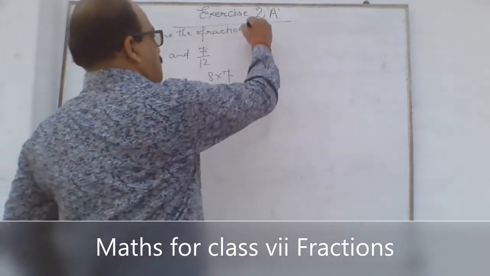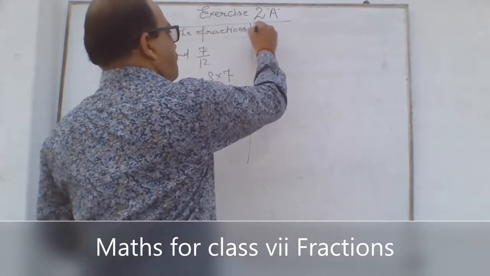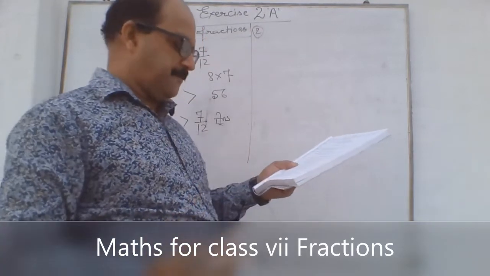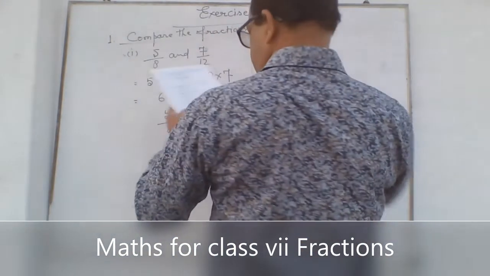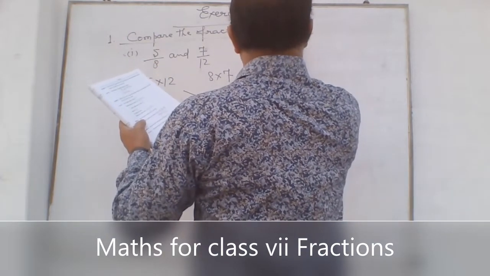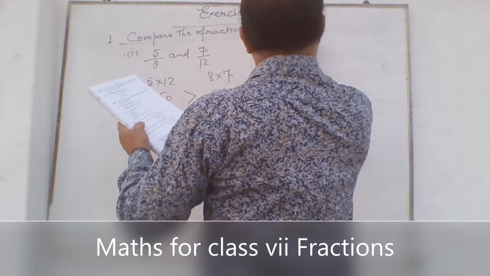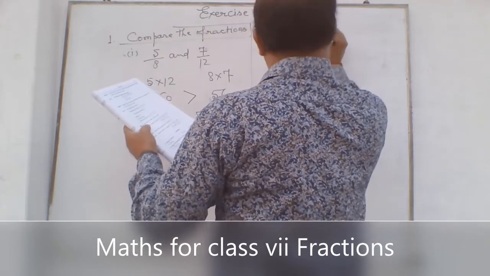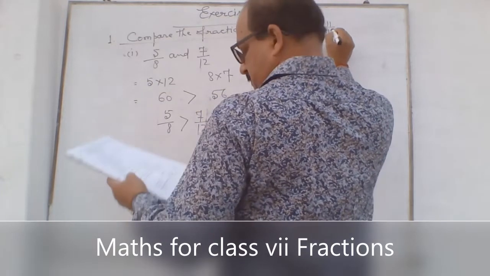In question number 2, arrange the following fractions in ascending order: 3 by 4, 5 by 6, 7 by 9 and 11 by 12.